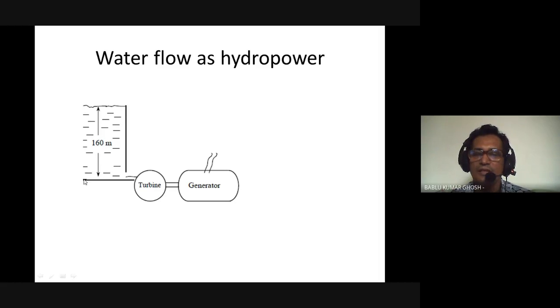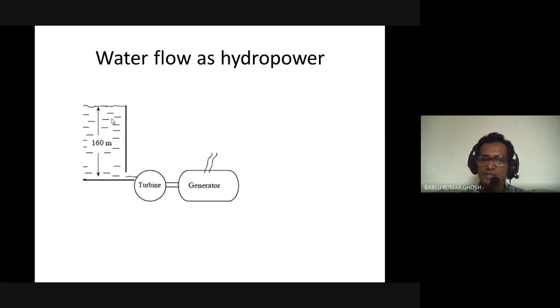Think that this is the reference level, the ground potential or our earth surface. But the water held here against gravity is actually 160 meters, that means the height is 160 meters. But you cannot measure the mass of the water because it is huge. So how can we consider it? It is actually the flow rate.